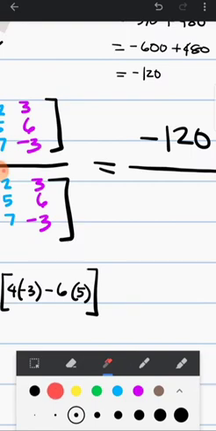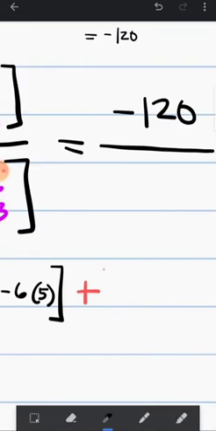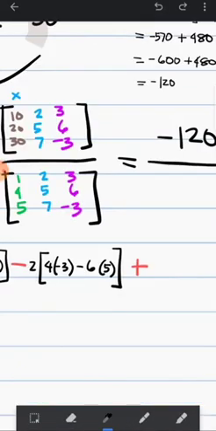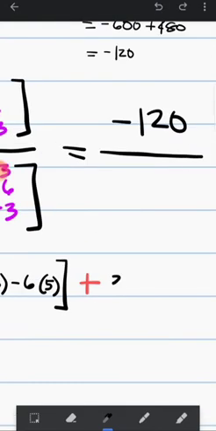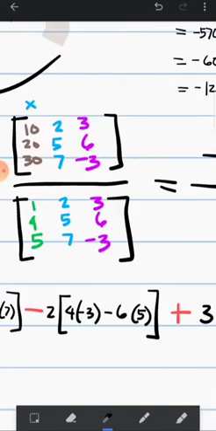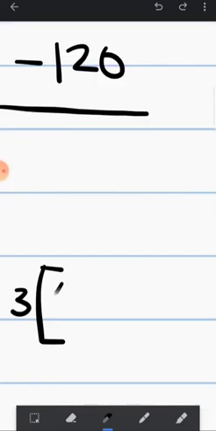And then plus 3 times 4 times 7 minus 5 times 5.